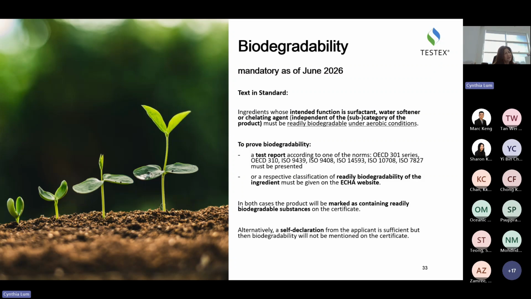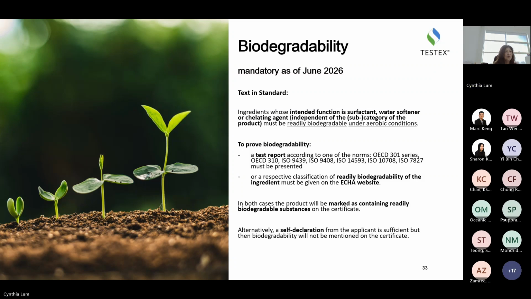So to further explain, in case the client says, okay, this ingredient is readily biodegradable, I don't have any test report to show it, then they can opt for a self-declaration. But a self-declaration says, yes, it is biodegradable. We will only accept the self-declaration, but we cannot indicate biodegradable on your certificate because it needs to be verified either with a test report or it has to be verified on the OEKO website.